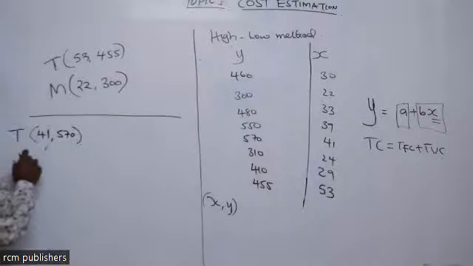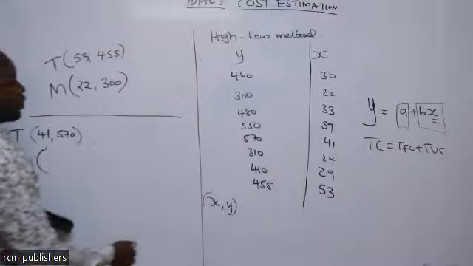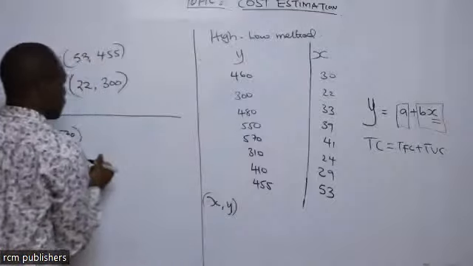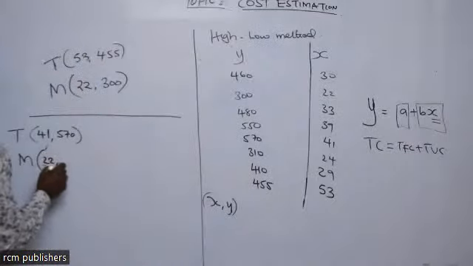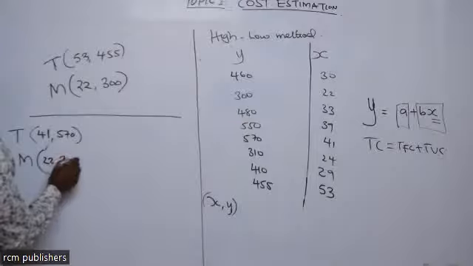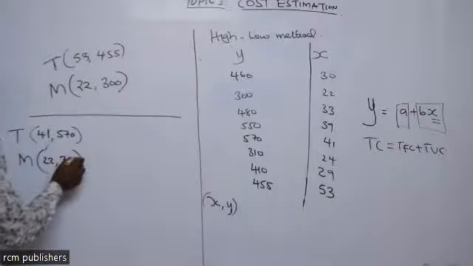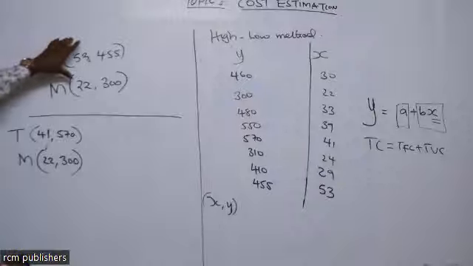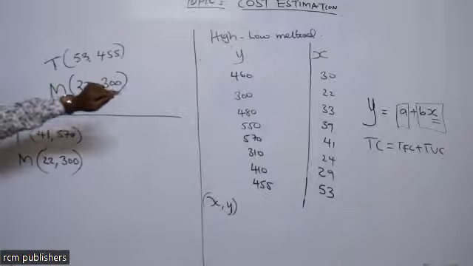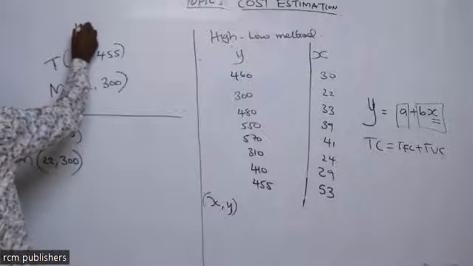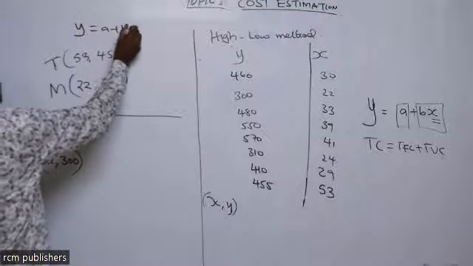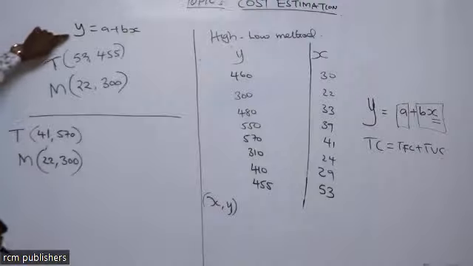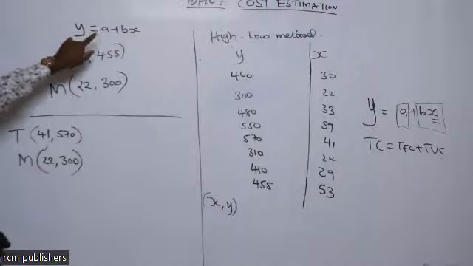They look for the lowest value here, get it as 300, so it will be the same, 22, 300. So group A will take this to work out and get their cost function, which is y equal to a plus bx. Team B will also use this to calculate their y equal to a plus bx.